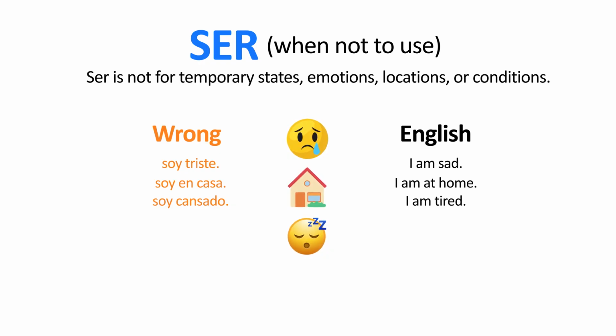You'll learn estar in another lesson. For now, focus on understanding what ser does. Ser defines. Ser identifies. Ser states fundamental characteristics. If you're answering the question, what is this, or who is this, at a core level, use ser.